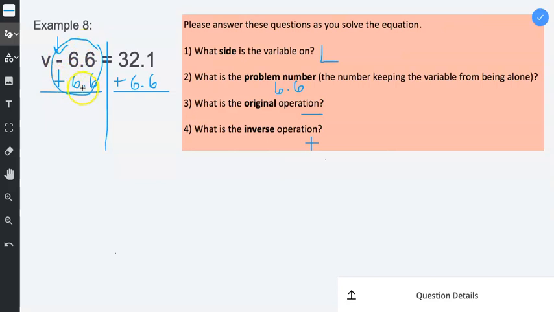So if you have two numbers that are the same except for their opposites, it makes 0. So we're left with v. And then on the right side, do you see that I had to line up the decimals? To add or subtract with decimals, you have to line up the decimals. 1 plus 6 is 7, bring down the decimal. 6 plus 2 is 8. 3 plus 0 is 3. So my answer is v is equal to 38.7.